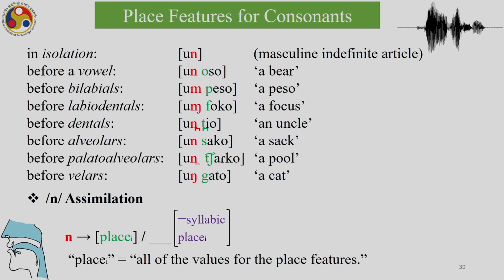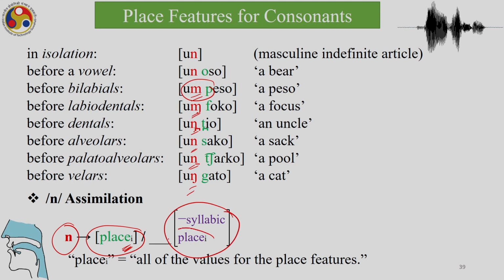Hence, we have data like this, where, as we just said, depending on the feature of the following consonant, it can change to a labial, a labiodental, a dental, an alveolar, a palatoalveolar or a velar. So data like this have to be represented in this way, where the nasal takes the place of articulation of the following consonant.